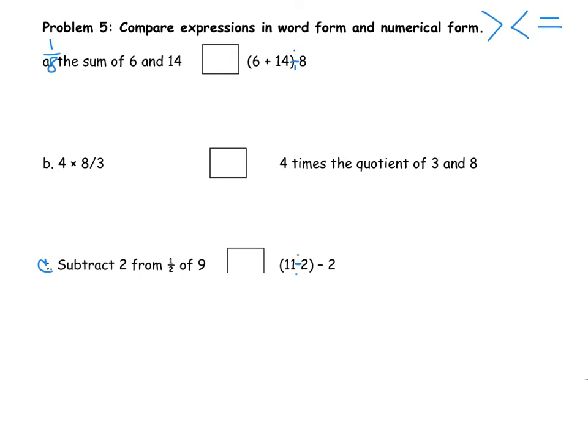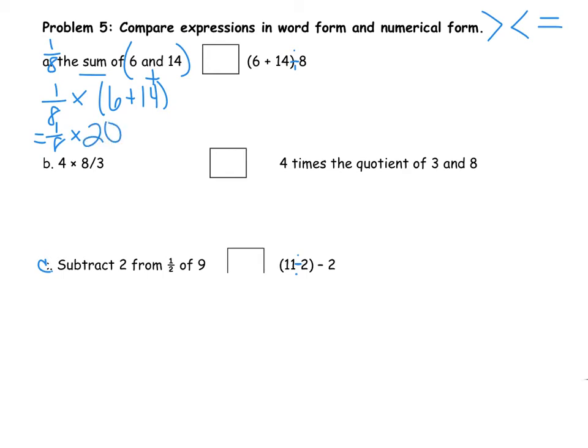So for part A, it says I have 1/8 the sum of 6 and 14. Well, sum means add 6 and 14. So I have 1/8 times (6 plus 14). Because it says sum of, I've got to find that first, 6 and 14. So that's equal to 1/8 times 20.